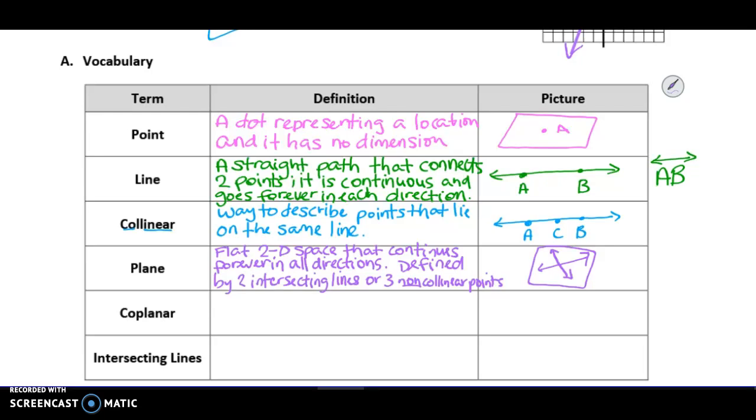Or we can define it with 3 non-collinear points. So that non-collinear part is important, meaning, so like up here, these A, B, and C were collinear. They were all on the same line. The non-collinear is important, so they're not going to all be on the same line. They're going to be in 3 separate places. So if we have that, we can define our plane.